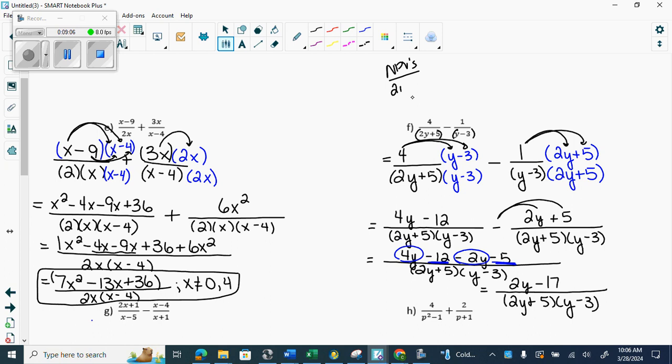So my non-permissible values are going to be: 2y plus 5 can't equal 0, this is in the denominator, and y minus 3 can't equal 0. This one's a little more math. I have to subtract the 5 over, so I get 2y can't equal negative 5. And then I divide by 2. So y can't equal negative 5 halves. And this one I add my 3 over. y can't equal 3.